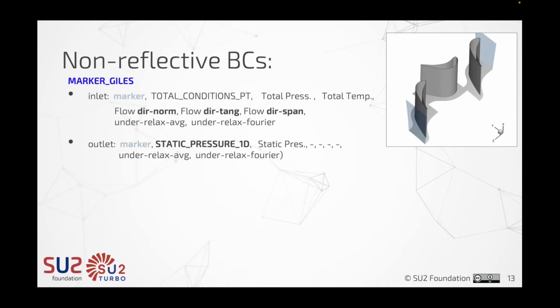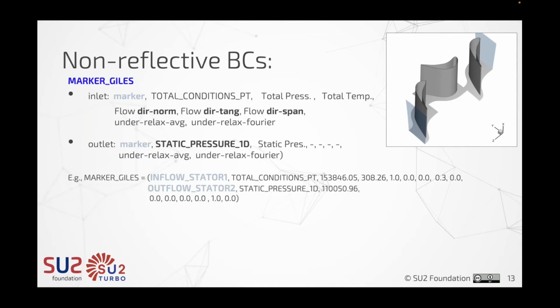Therefore, static pressure will also change from hub to shroud. So if you're running a calculation for an axial machine, you have to use, or it's highly advisable to use, static pressure 1D. Instead, if the boundary is maybe the outflow of a centrifugal compressor where you don't have the radial equilibrium, then you can use just static pressure.